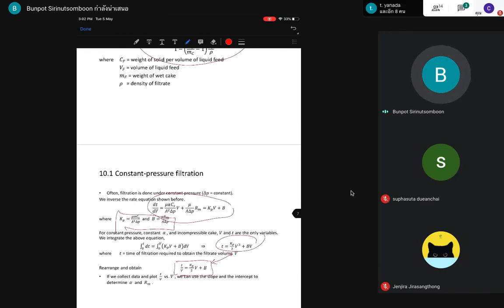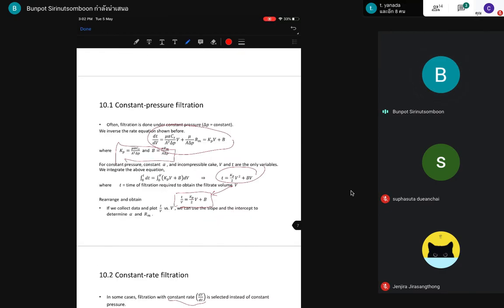From this equation, you can use it in two modes of operation of filtration. The first mode is constant pressure drop. When you try to maintain the pressure drop inside the system, the flow rate is going to change.